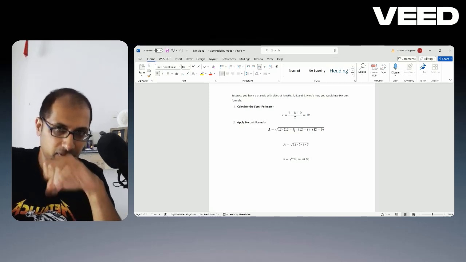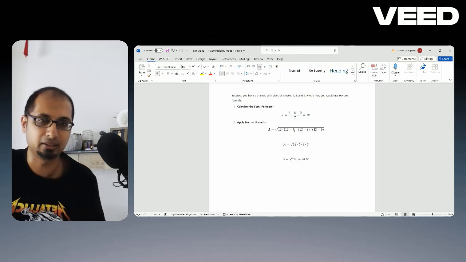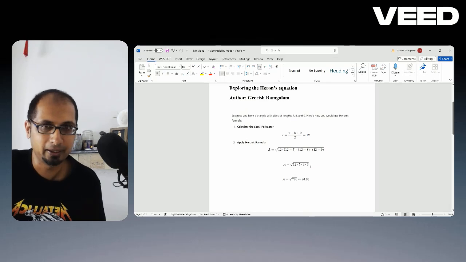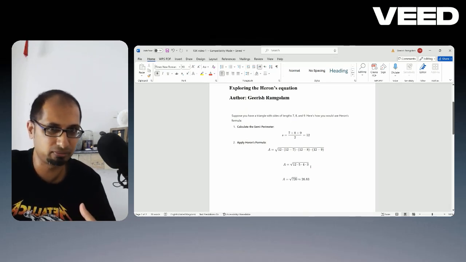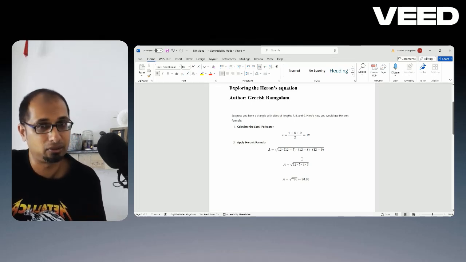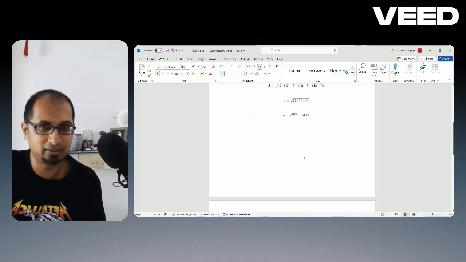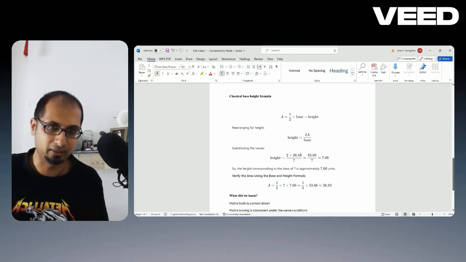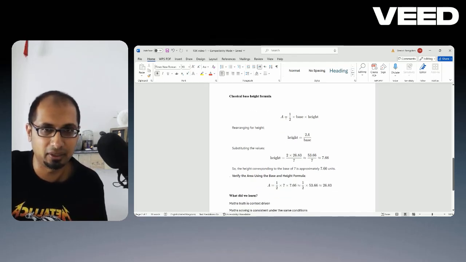So if you use Heron's formula, you end up getting root of 720, which is 26.83. And that's the formula which people don't learn in secondary school because it's not used. What you're used to is half times base times height, which I've written down on this page here.